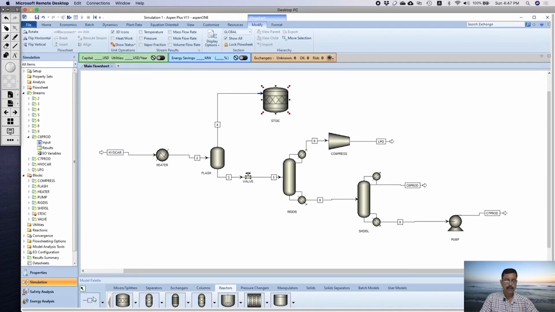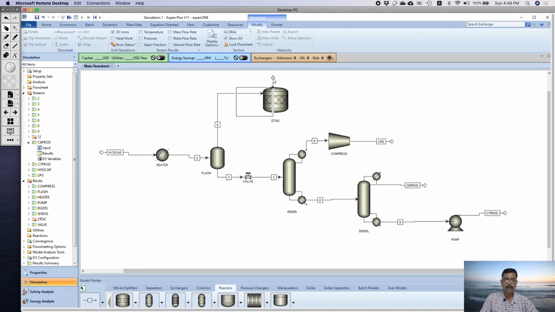So we bring in a material which is feed. This is not a very good way of presenting, although there is nothing wrong in it, but we have to make it a bit better so that anybody can understand.